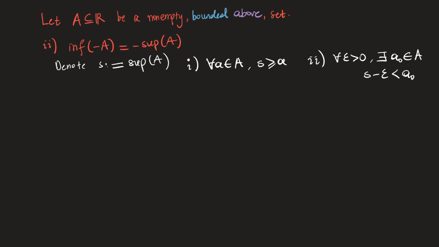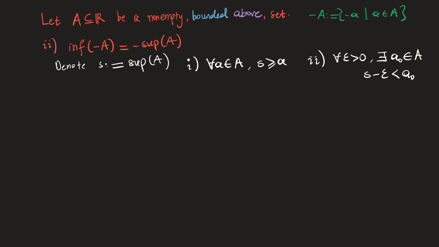Okay, again we are going to multiply by minus one, because we want to talk about the infimum of some minus set. By the way, this minus A is defined as minus a for any a in A. You just multiply by -1 each element in the set.